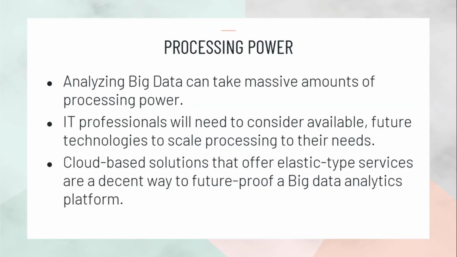Processing power. There is a simple relationship between data analytics and processing power. The larger the data set and the faster that results are needed, the more processing power it takes. However, processing big data analytics is not a simple matter of throwing the latest and fastest processor at the problem.